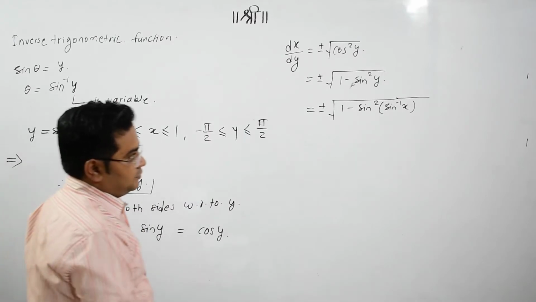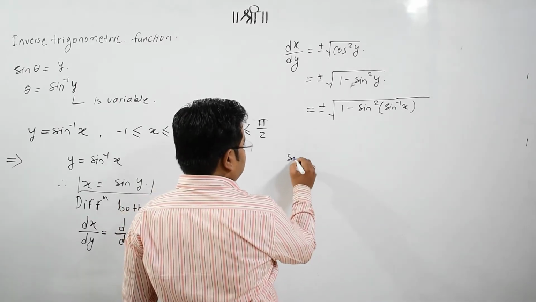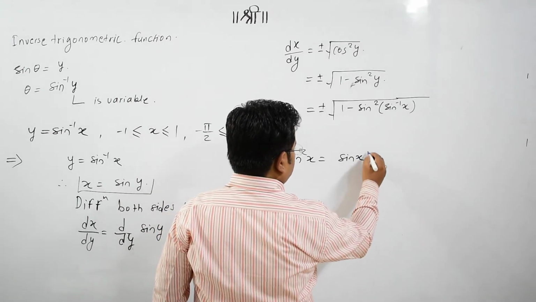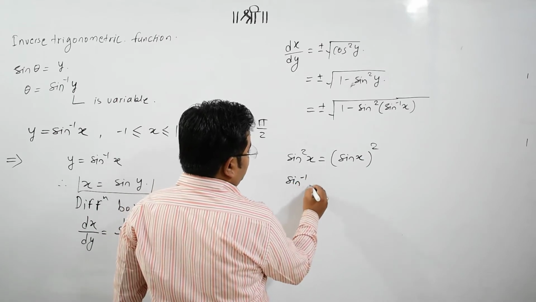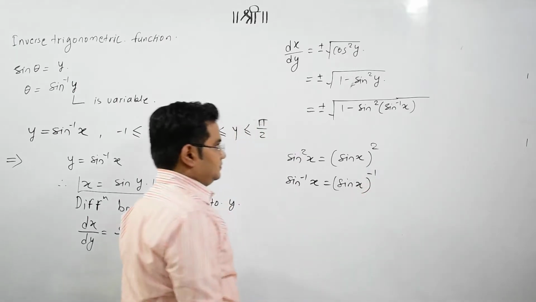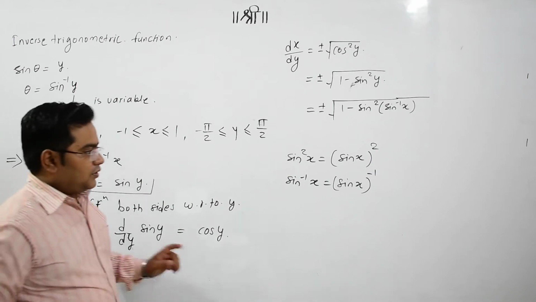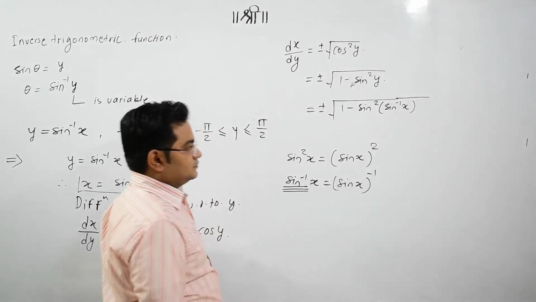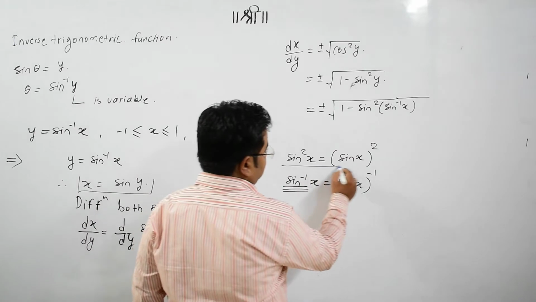Most important step. Most of the students ask me this question rapidly. If sine square of x is equal to sine x bracket square, then why is it not possible to consider this as sine of x raised to minus 1? Most of the students ask me this question. So most important step, do not forget, this is one of the operations, and we have the proof of this operation.